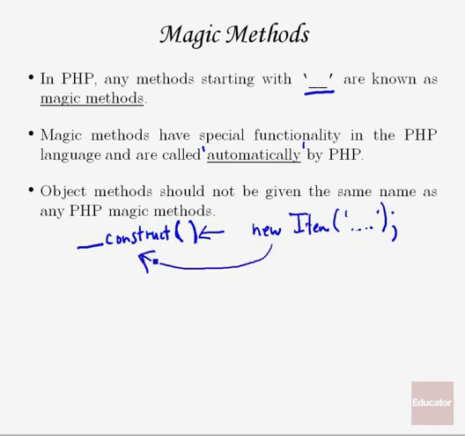It's automatically called by PHP, and that's why you don't want to name methods construct, because then, if you had an item object, you wouldn't really be able to call that construct method. And there are a number of different magic methods that are available to objects in PHP, and we're going to be talking about a number of those in today's lesson.